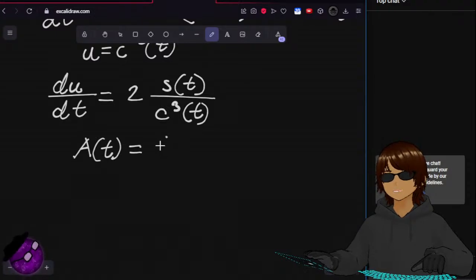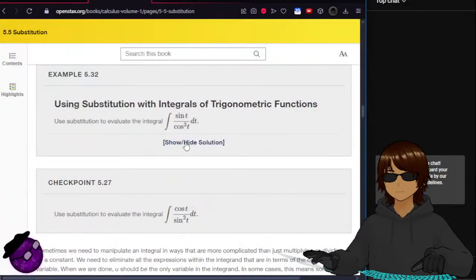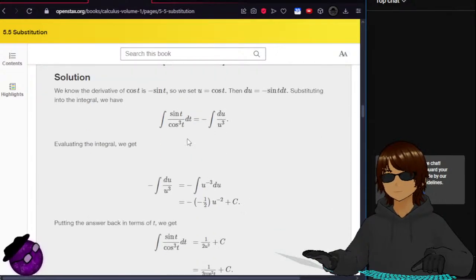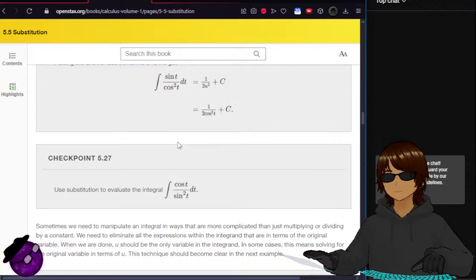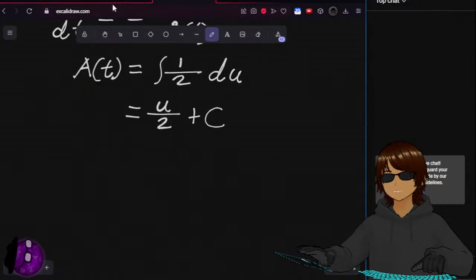The antiderivative function is du. I bring dt to this side and 2 to that side. No, not, it's half du. And then this is plus c. Let's check. U 2 times cos square t. My u is 1 over cos square.